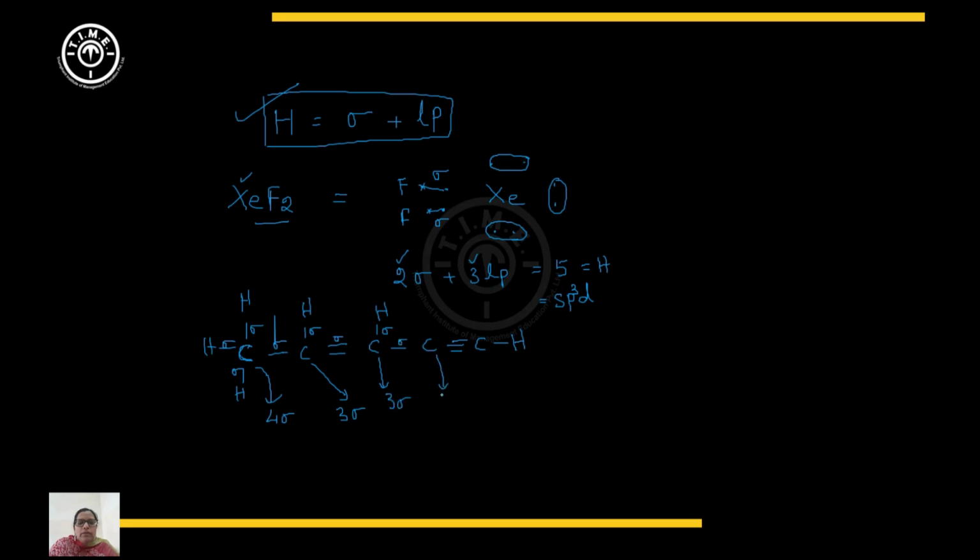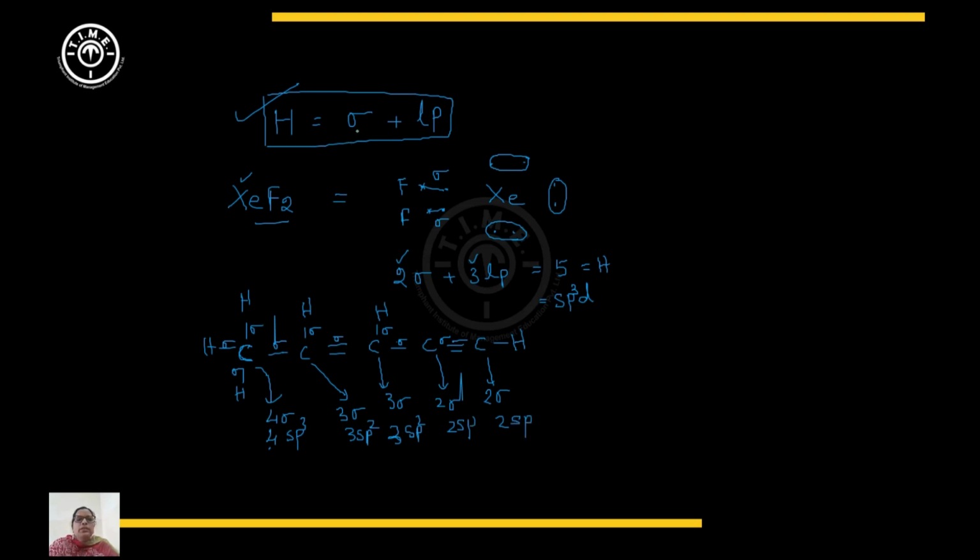For this carbon also we have 1 sigma here, 1 sigma, 2 sigma bonds. For this carbon it is 2 sigma bonds. 4 sigma bonds means the value of H is equal to 4. H is 4, this is 3, this is 2, this is 3 and this is 2. 4 means it is sp3 hybridization. 3 means sp2. Here also it is sp2 and this is sp and this is sp.